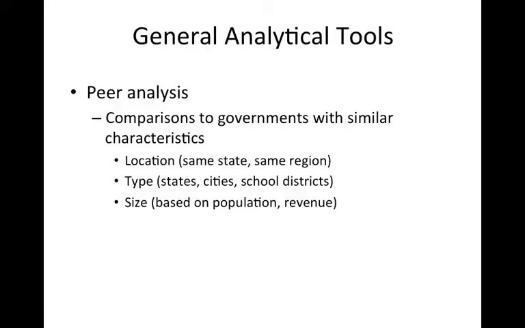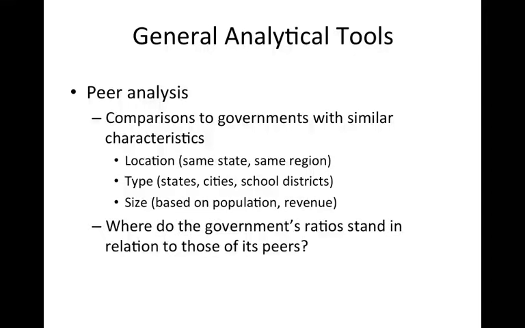So if you're looking at cities, you might look at cities between 50,000 and 100,000 in population, or between 10 and 15 million dollars in annual revenue, something like that, to ensure that these really are peers that you're comparing against, really are comparable, similar governments.